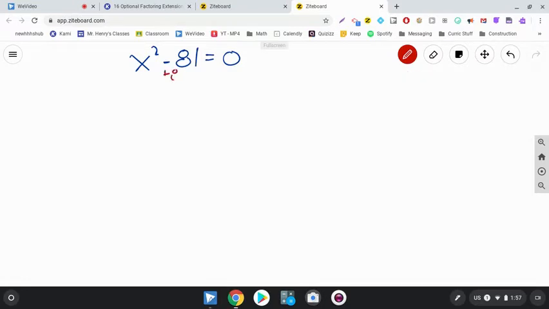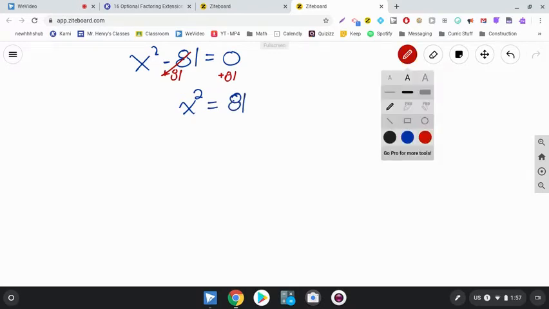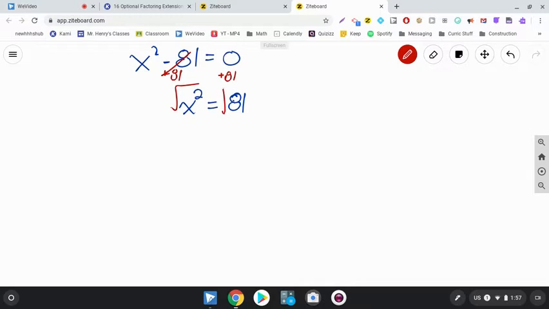I might just say, why don't I add 81 to both sides and just do some algebra? And then you get x squared equals 81. And then I know how to get rid of the squared. I take the square root of both sides. So x is equal to 9.